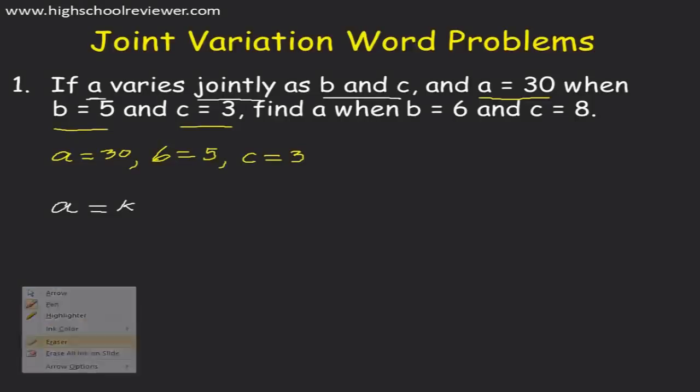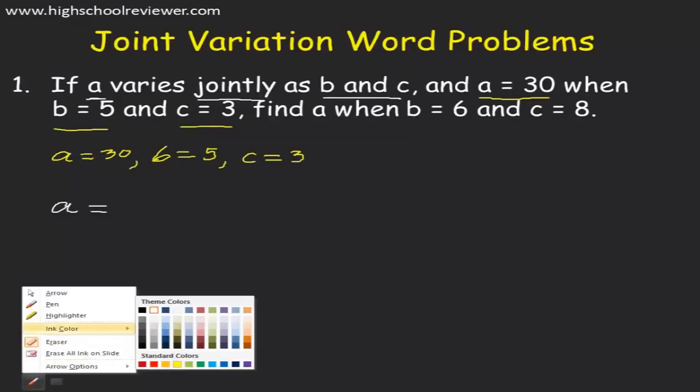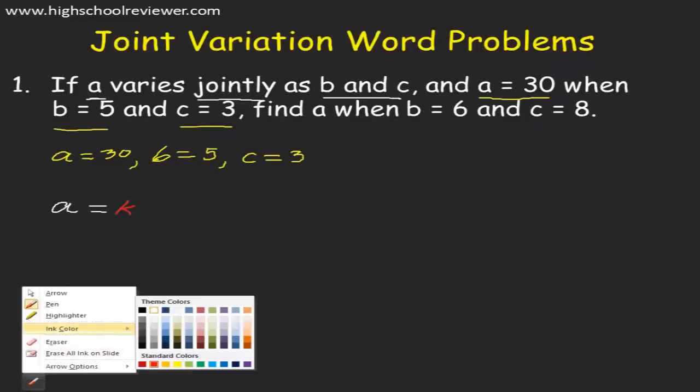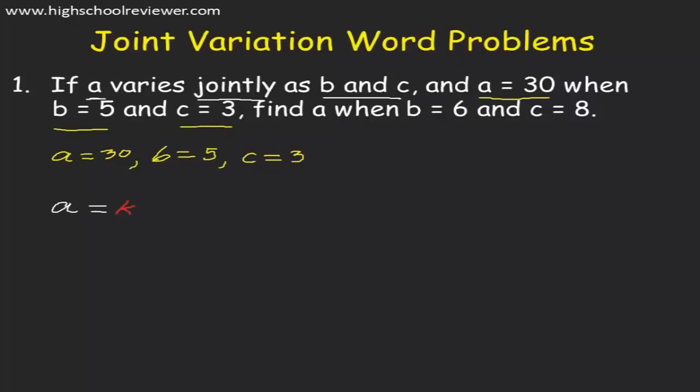Okay, let's change the color of K. So the constant of variation, this is K, and then multiply this by the two variables that vary with A. So K will be multiplied by B and C.